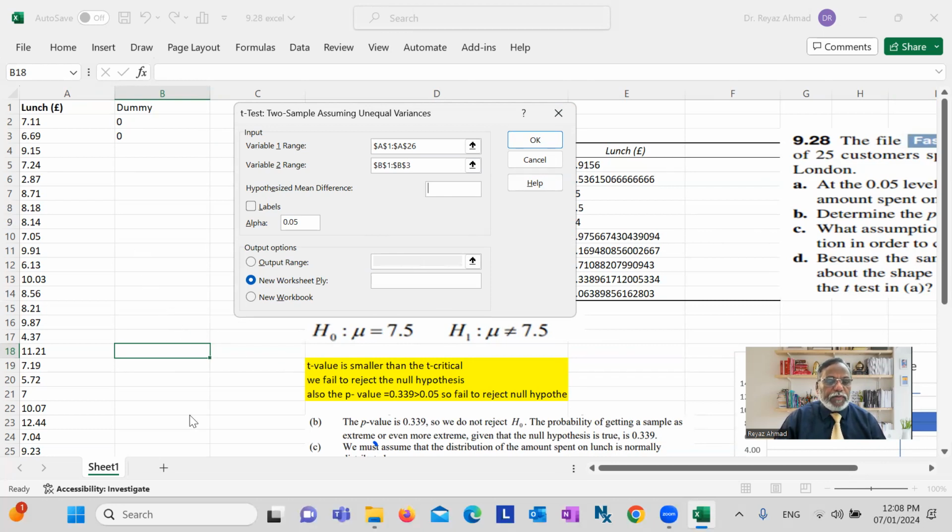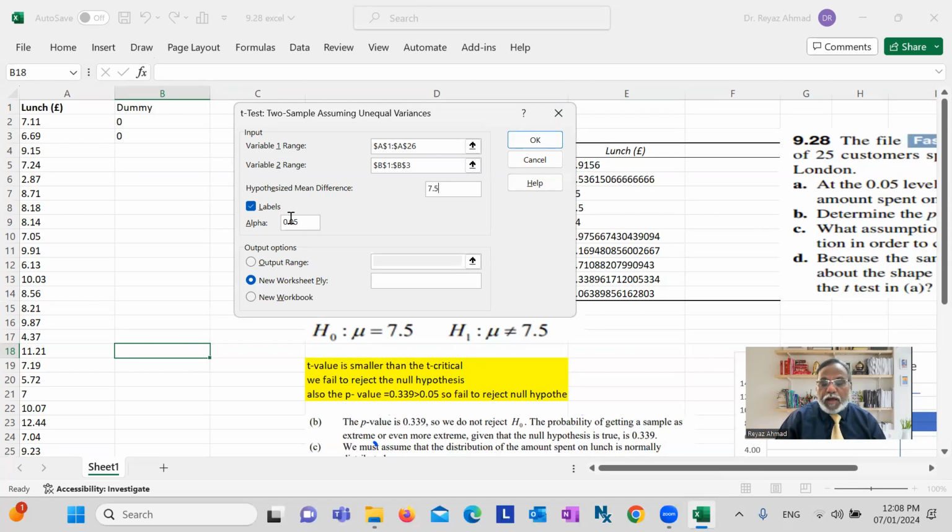I'll be choosing this value, writing 7.5. So I have checked the level.